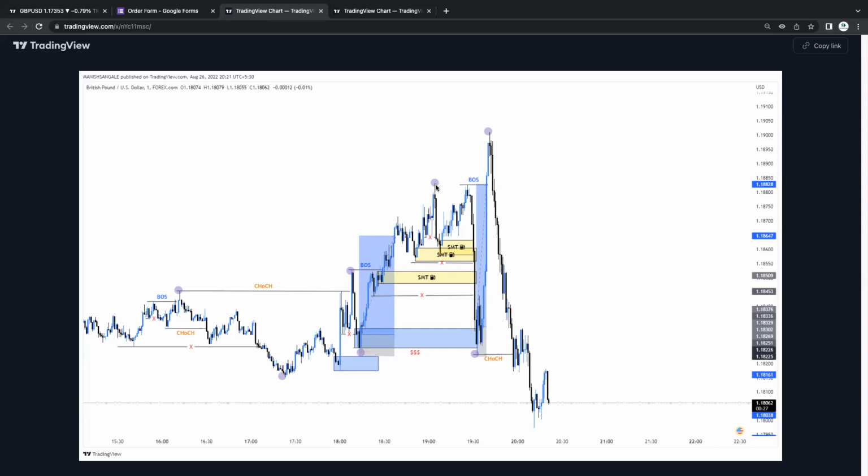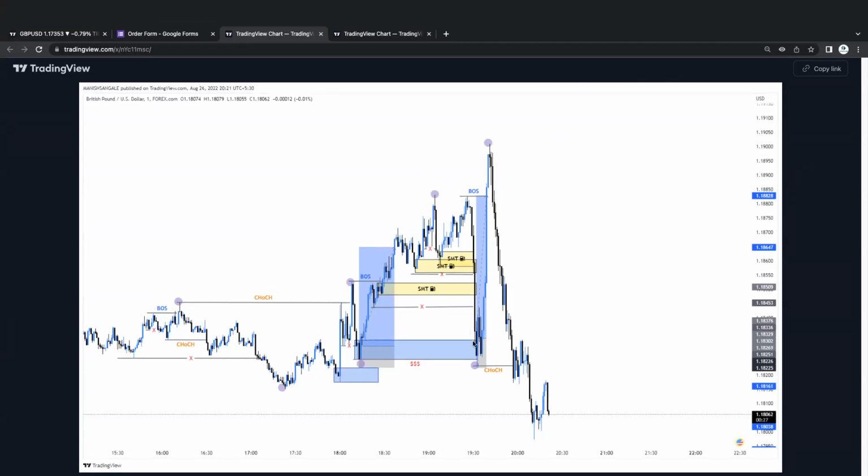Okay, this one is not looking like a clear structure, but next time you can mark this. Okay, okay.